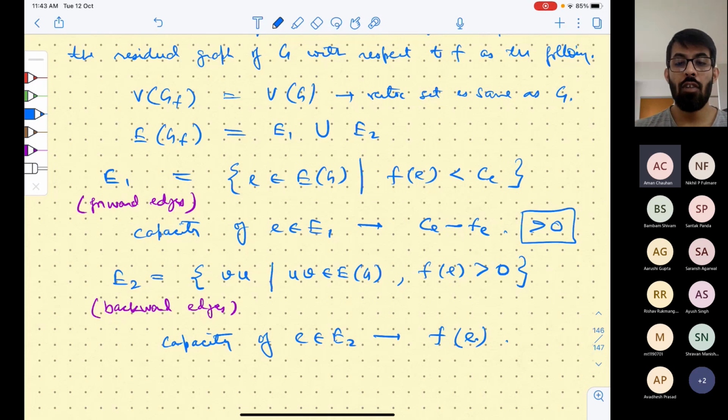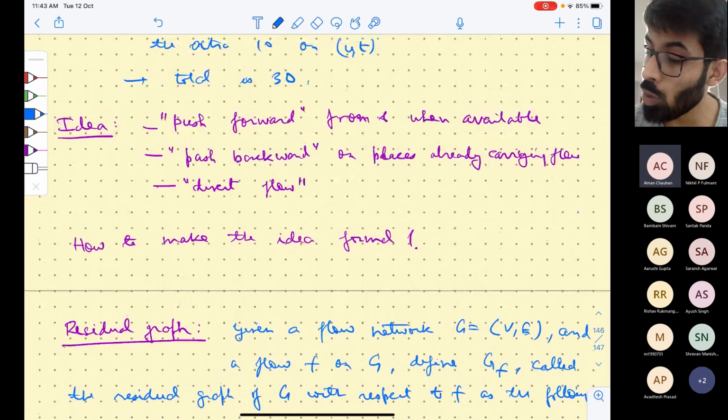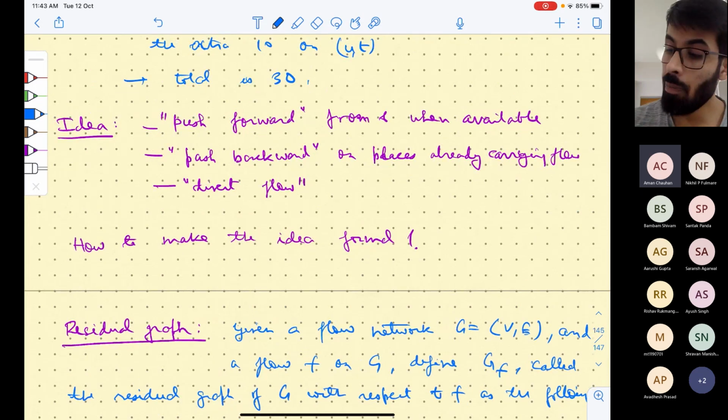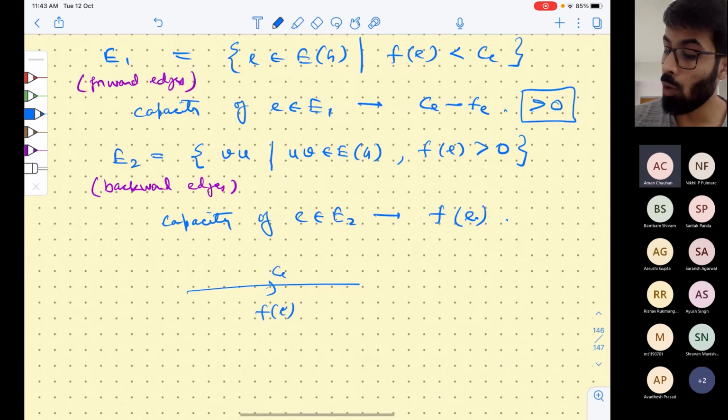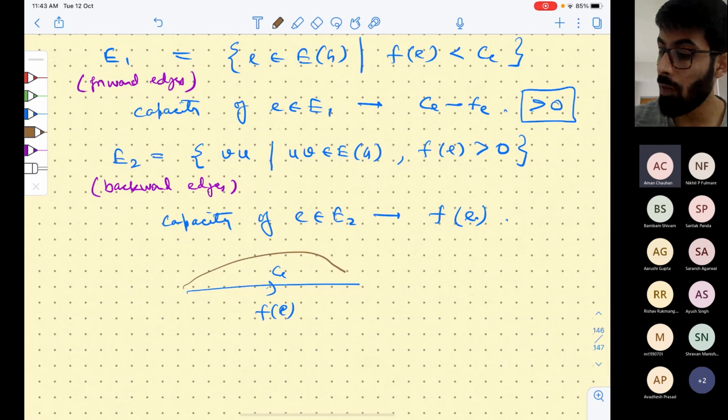So why are we defining these forward and backward edges? Because we want to do these two things: push forward and push backward. So suppose an edge has capacity c_e and is already carrying the flow f_e, right? We put these two edges in the residual graph. One edge is this and one edge is this. This edge's capacity is f_e.